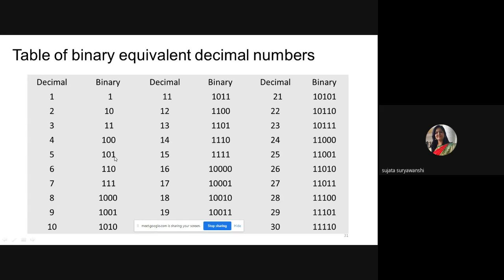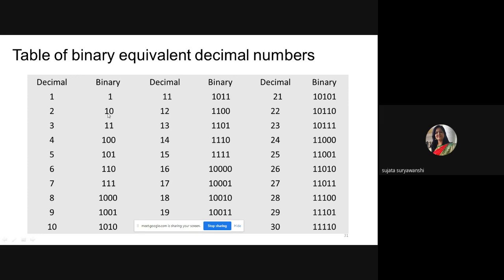I will give you one shortcut method to write down all the decimal numbers into binary numbers. How will you write down? You simply have to remember the weight of each binary bit. The LSB bit of the binary number has weight 2 raised to the power 0, that is equal to 1.